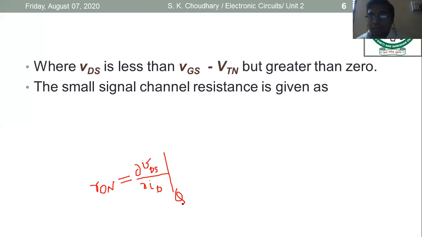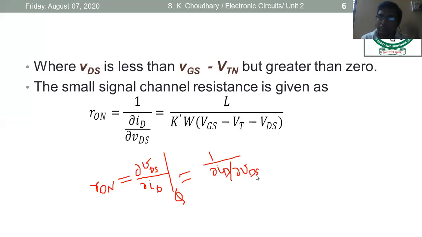We have not defined the equation for VDS, we have defined the equation for ID. So you can also write this as 1 upon del of ID upon del of VDS. Both are correct because we have defined the ID. So see what formula comes out: 1 upon del of ID upon del of VDS. And one thing you must always remember, keep your Q point constant.